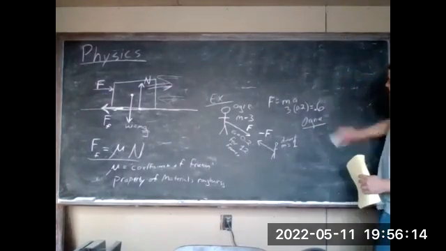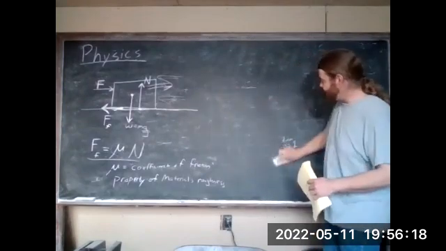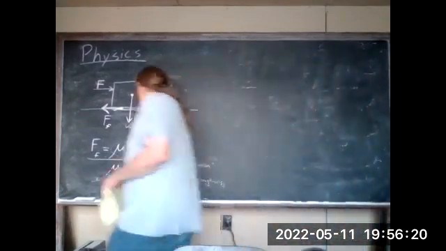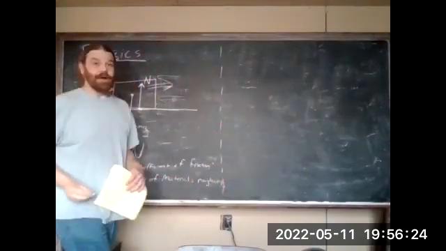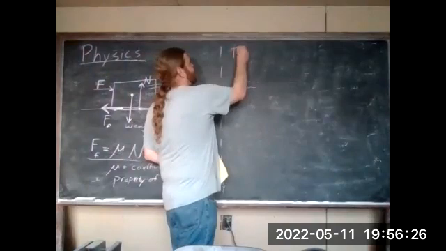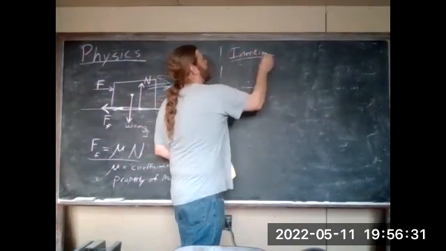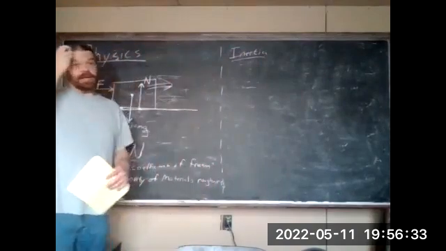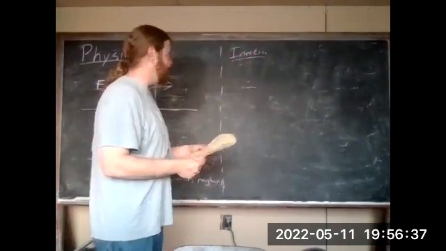So this is what was thrown into the chat room earlier when I mentioned Newton's first law, because it's fairly well known and referred to as the law of inertia. But what does inertia really mean?